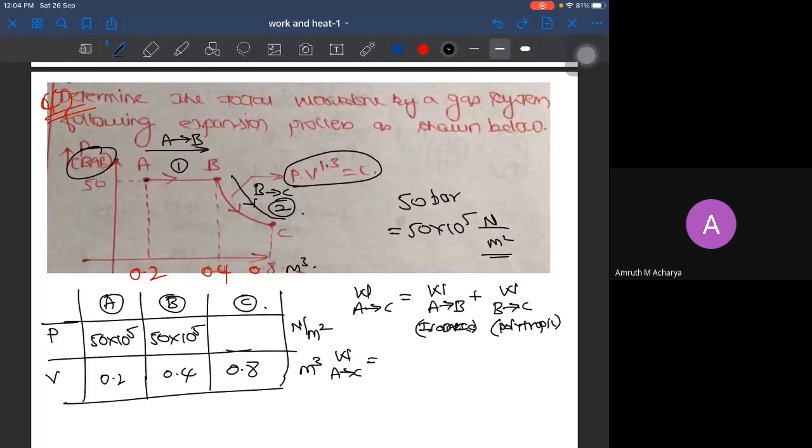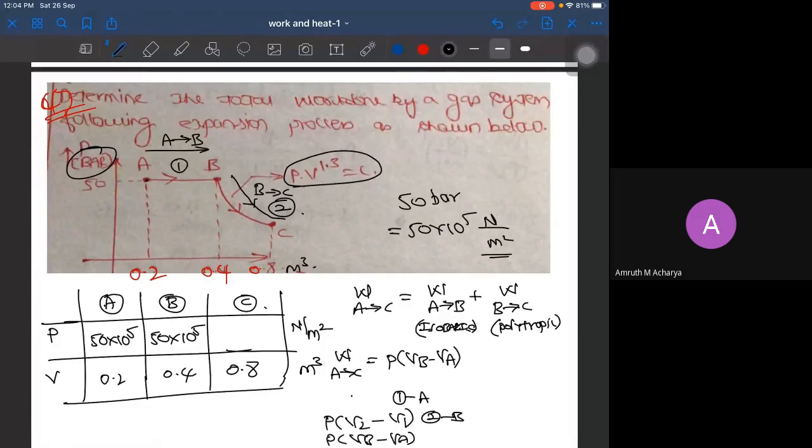But 1 is nothing but A here and 2 is nothing but B. Can I just write P into VB minus VA? Just an implementation of the notations, that's it. So it is nothing but P into VB minus VA. I got the value of work done for isobaric.